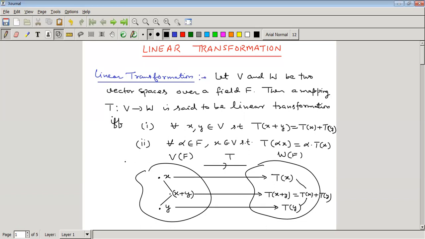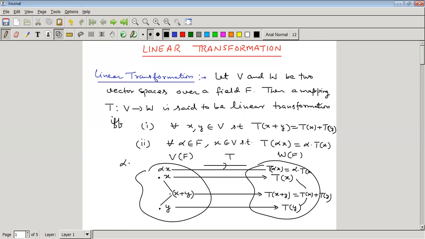Similarly, if we take any scalar alpha and multiply x by alpha, then the output becomes T of alpha x, and it is the same as alpha times T of x.